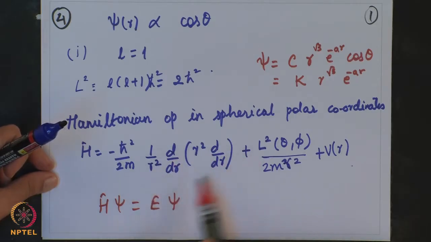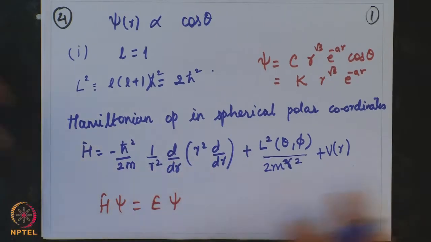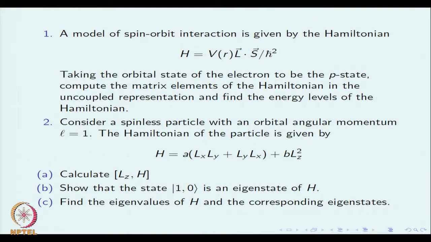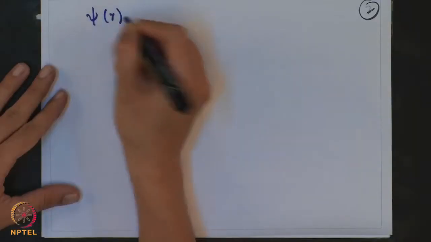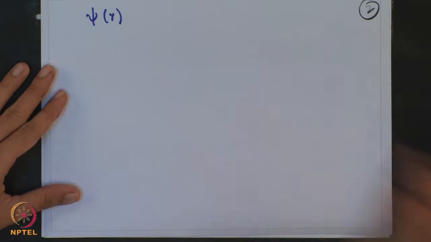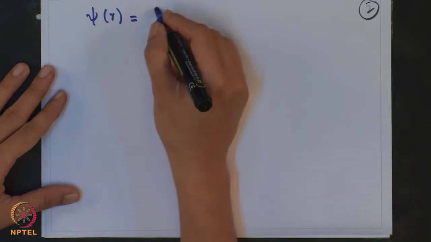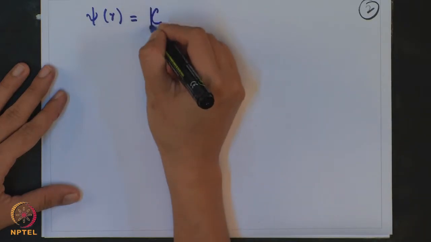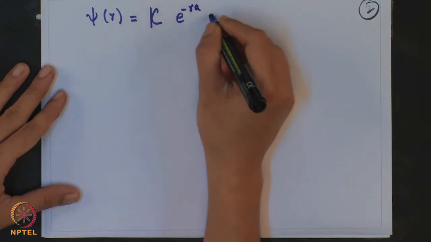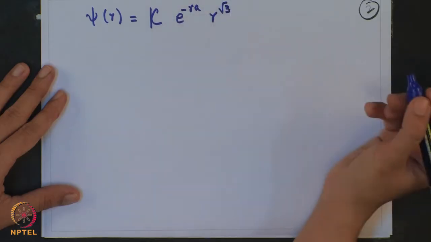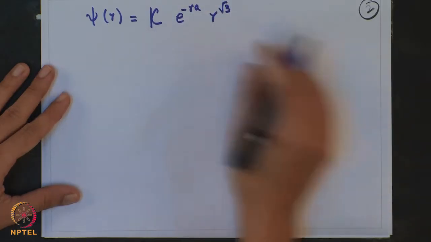So here you will substitute for the radial component and differentiate it with respect to r. Let me rewrite this: psi of r is equal to c, now I denote it as k, e raised to minus r a and r raised to root 3. This is what I have.